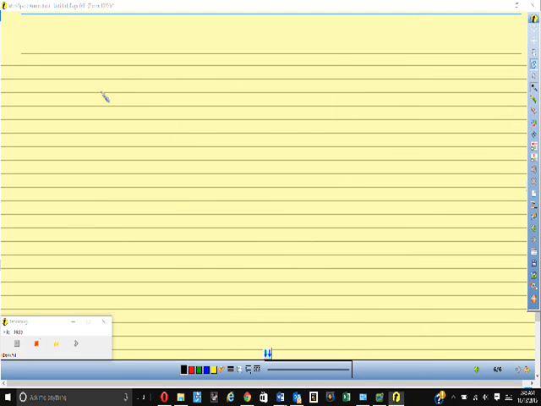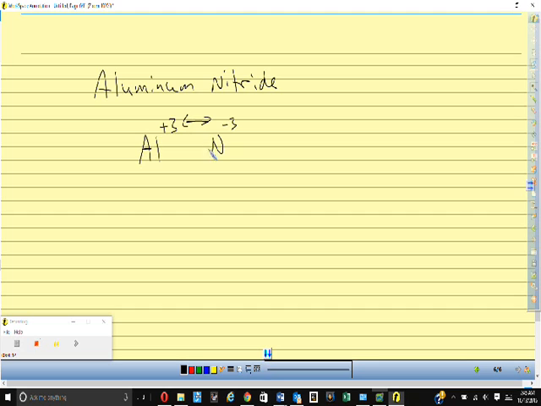Another example, this would be something like aluminum nitride. Aluminum, once again, has that +3 charge. Nitride has a -3 charge. Notice that the numbers are equal in magnitude with opposite charges. So they're +3 and a -3.